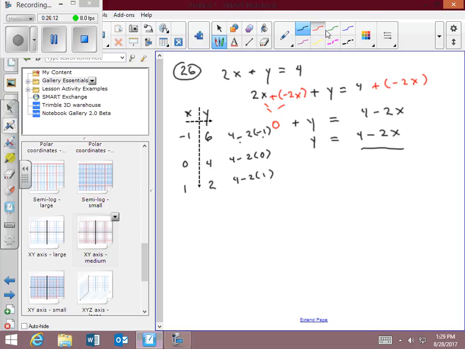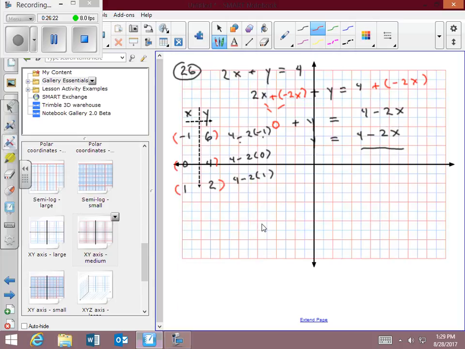So now we have 3 sets of ordered pairs, and we can graph that just as we did previously. So I'm going to do minus 1 and 6. A little bit off my board, but it's up here. Then it's 0 and 4. It's right here.